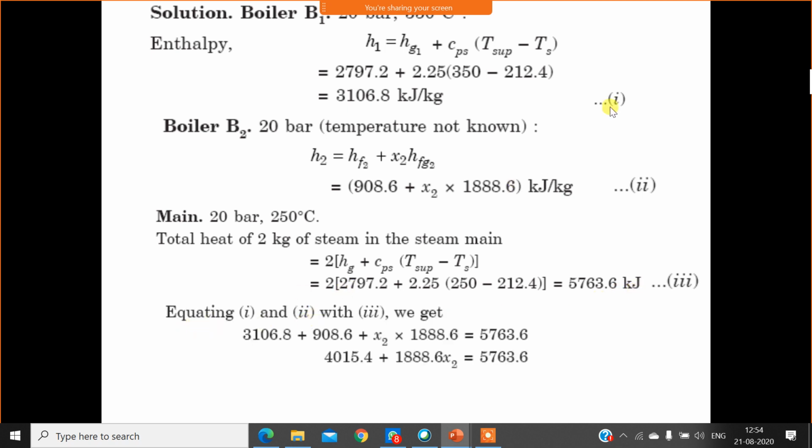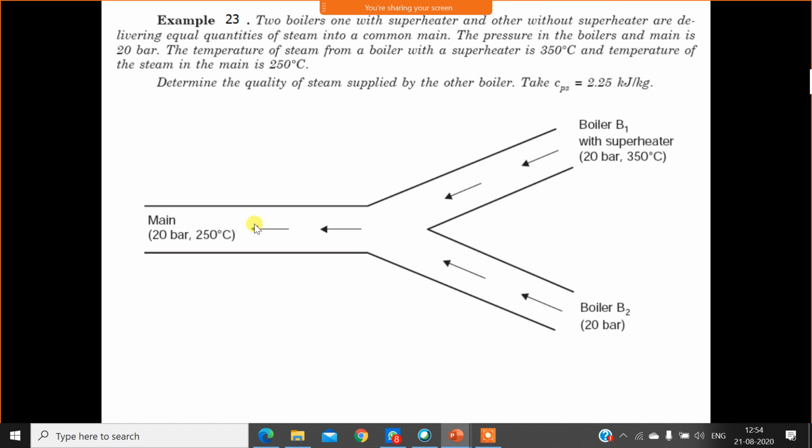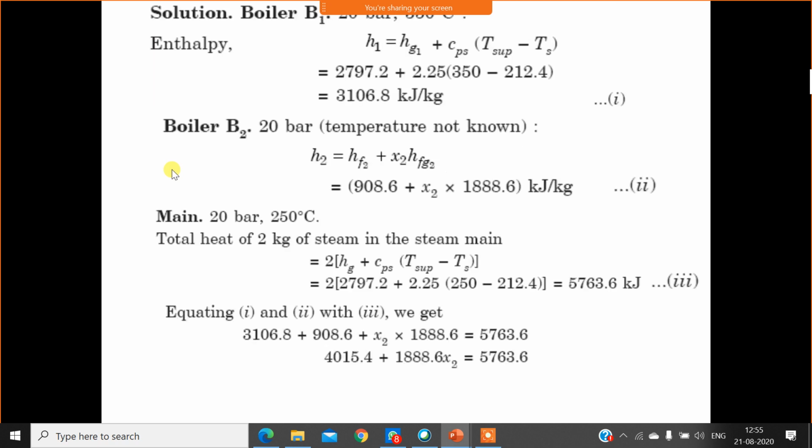Now from equations 1, 2 and 3, the enthalpy of these two is equal to the enthalpy of this. Therefore, we add equations 1 and 2 to get equation 3.